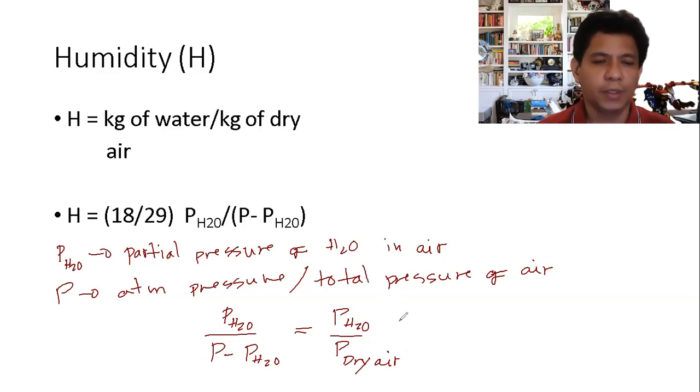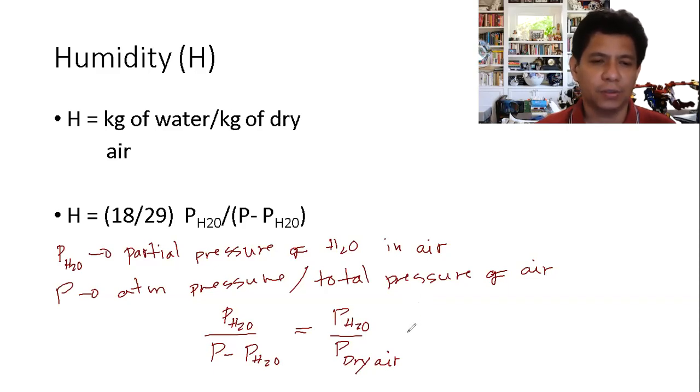So what I'm trying to say is, if the system follows the ideal gas equation, and most of the time an air system does, because the pressure encountered in the industry is quite low, around 1 atmosphere, and at that pressure the air is ideal.